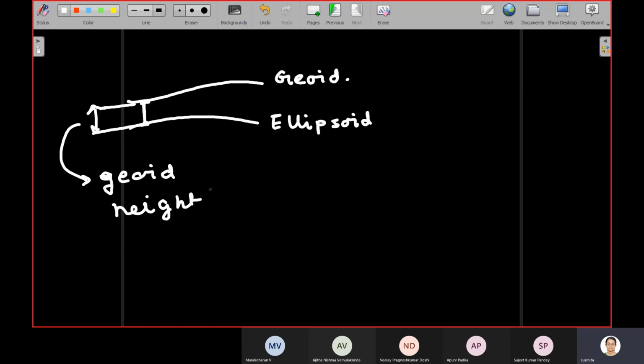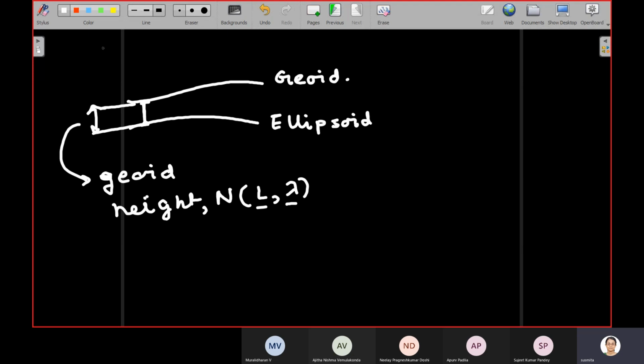We denote this as N, and it is a function of latitude and longitude. So L is latitude and lambda is longitude. Okay. The geoid height is the normal distance of any point on the geoid from the ellipsoid. It is basically defined in the geoid model as a function of latitude and longitude.